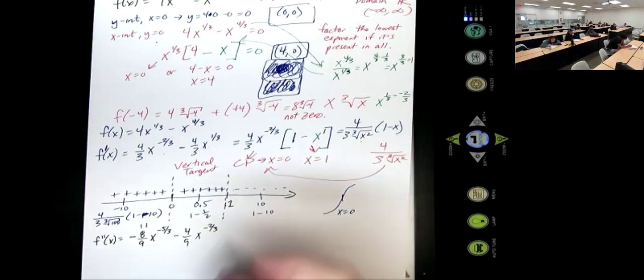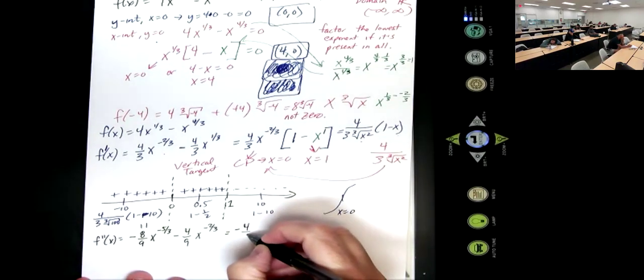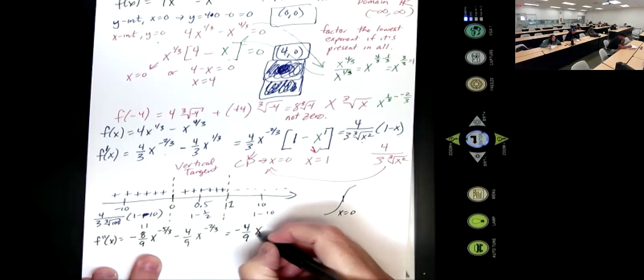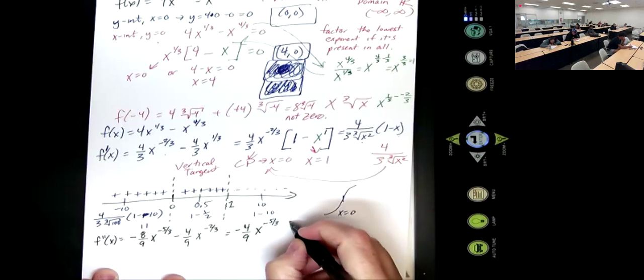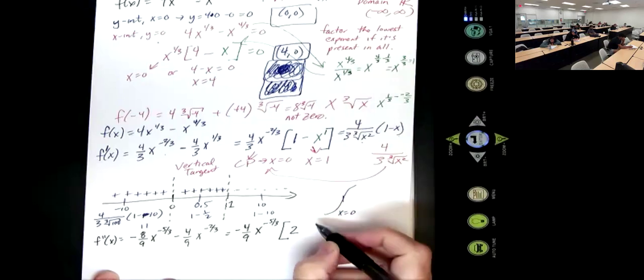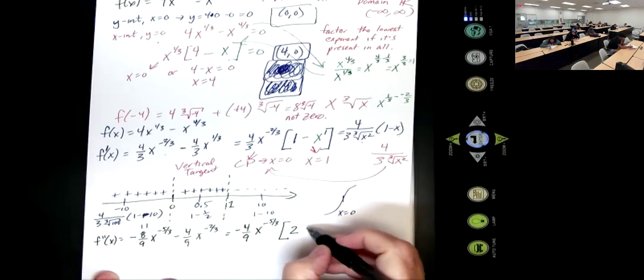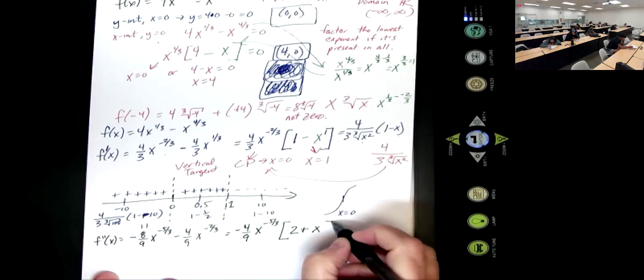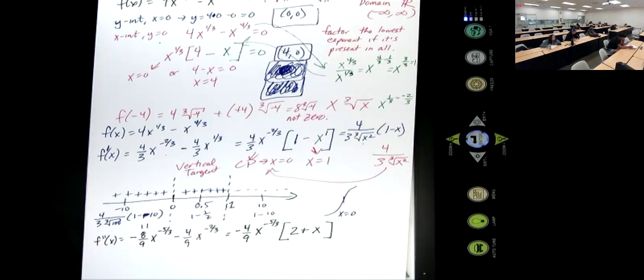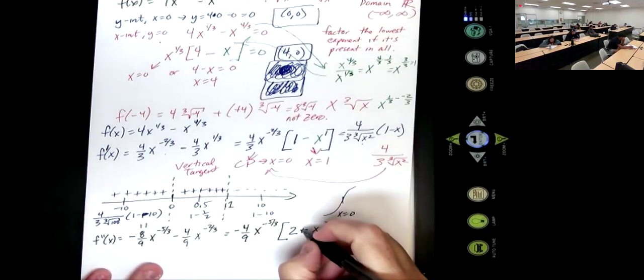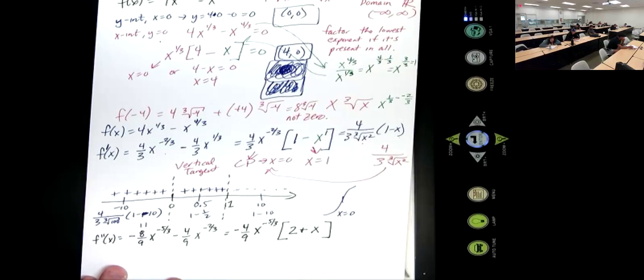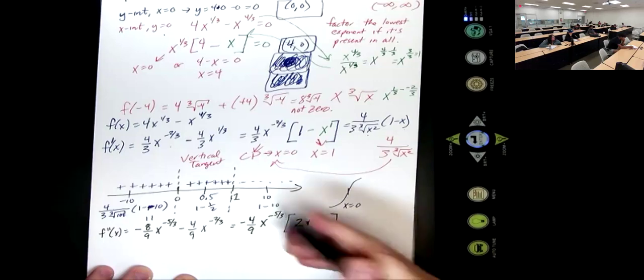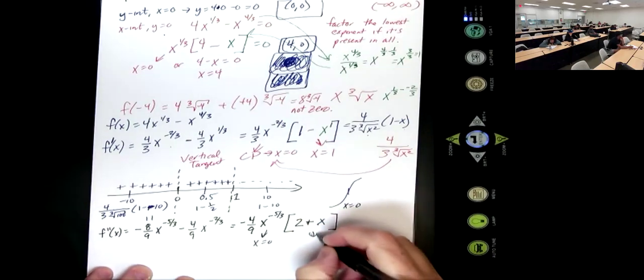If I factor out a -4/9 that's present in both, and I also factor out the lowest exponent, which is the most negative one, this will leave behind a 2 on the first one, because we had -8 when we divided by -4. And this one, we've been off by a single power every time, and that's not changing. That should be negative though. No, they were both negative here, so that is positive. So again, x equals 0. And here we're gonna have x equals -2.